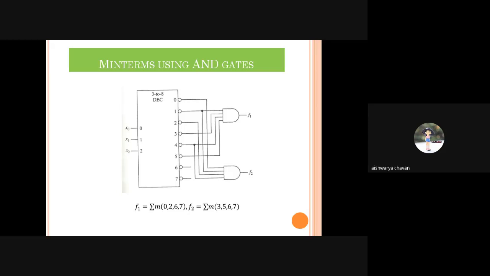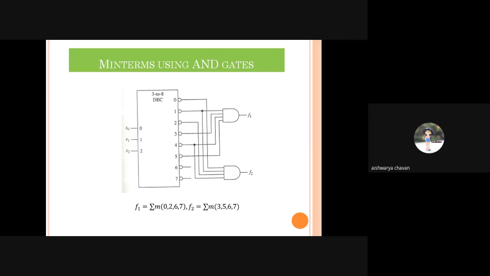So this is the function f1 for the first AND gate, function f2 for the second AND gate. For f1, the inputs are 0, 2, 6 and 7.